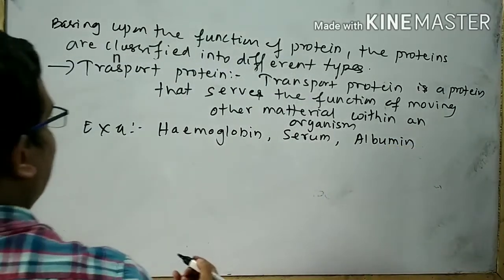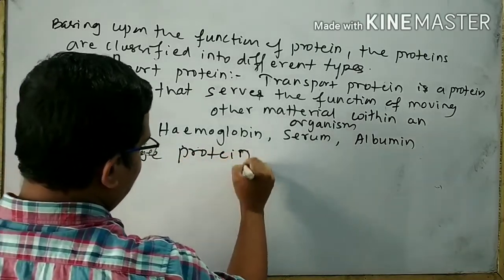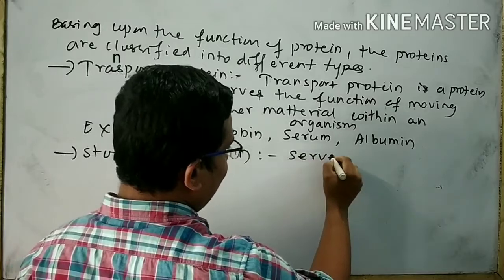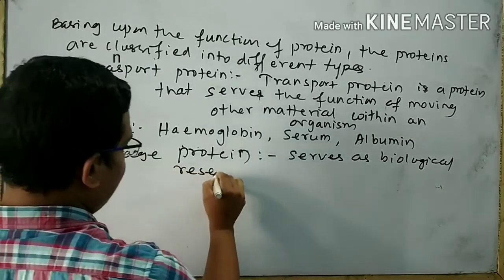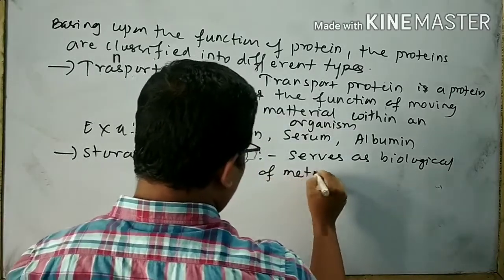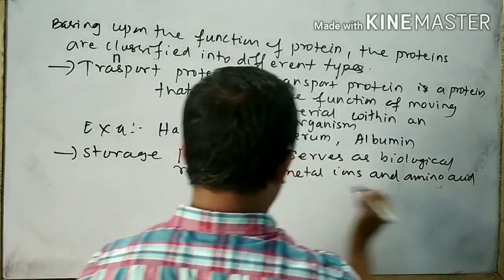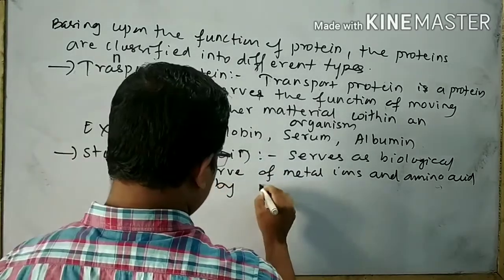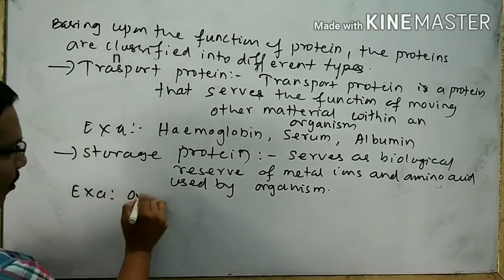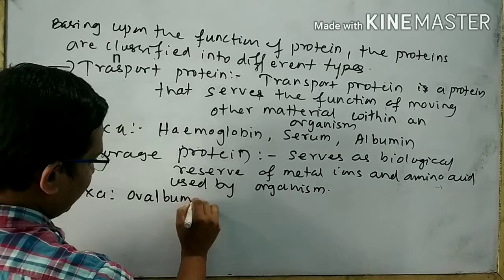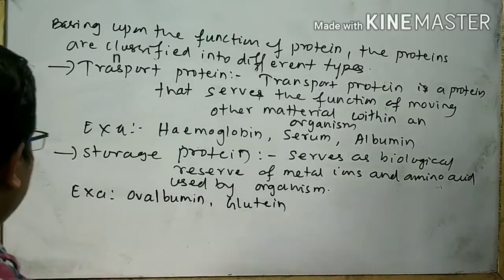These are the examples of transport protein. Next is storage protein. This type of protein serves as a biological reserve of metal ions and amino acids used by the organism. Examples are ovalbumin, glutelin. These are the examples of storage protein.